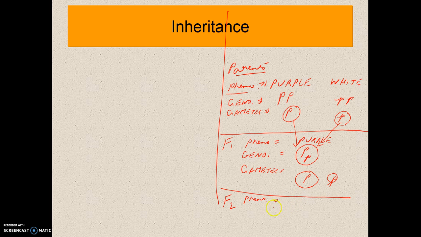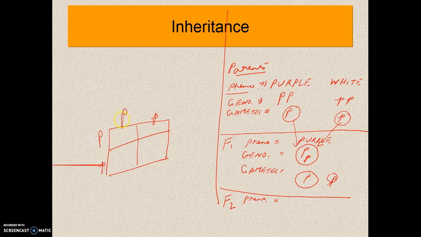So the phenotype, if I may, I'm going to draw here the Punnett square. What I'm going to do is put the gametes from F1 here, uppercase P and lowercase p, uppercase P, lowercase p.